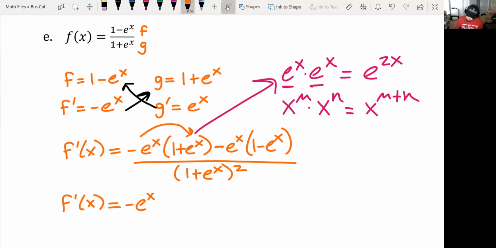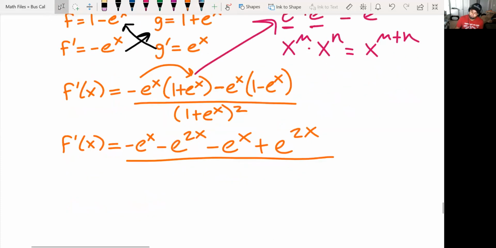So that's all that's going on here. So down here you get negative e to the 2x. And then distribute again on the other one. Negative e to the x plus e to the 2x, all over 1 plus e to the x squared. And your e to the 2x's will cancel.